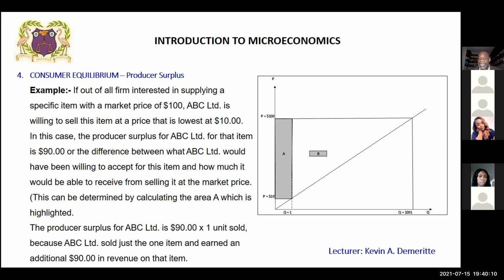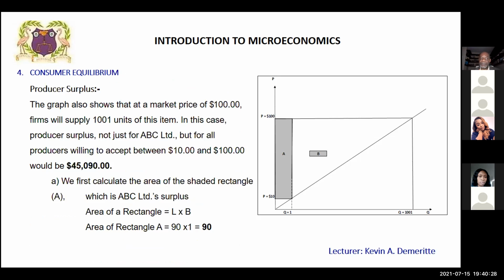The way we calculate that $90 is that we calculate the area of that rectangle that we have designated A. Okay? He sells one unit for $100, even though he was prepared to sell it for $10. The difference, he pockets $90.